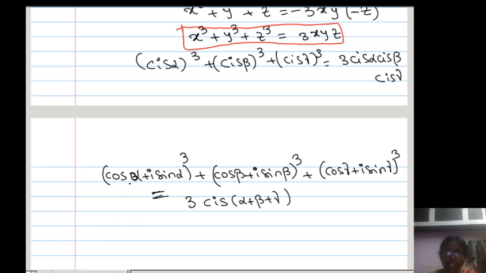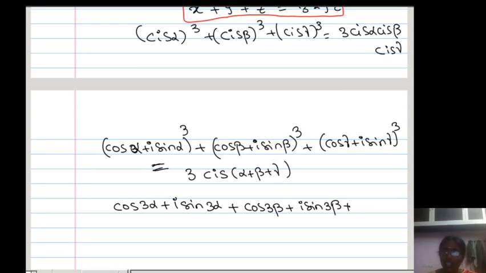Okay, so I write again cos 3. It is like De Moivre's theorem we can apply. I can write LHS as cos 3 alpha plus I sin 3 alpha. De Moivre's theorem: cos alpha plus I sin alpha whole power n is cos n alpha plus I sin n alpha. By using that, similarly here also cos 3 beta plus I sin 3 beta, similarly cos 3 gamma plus I sin 3 gamma.